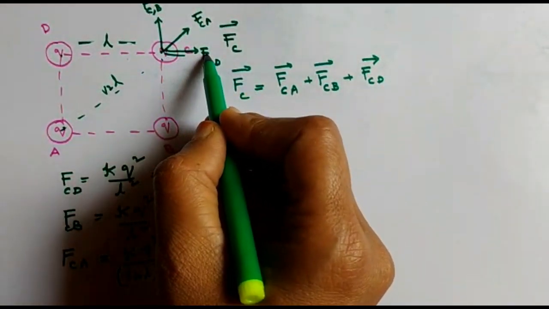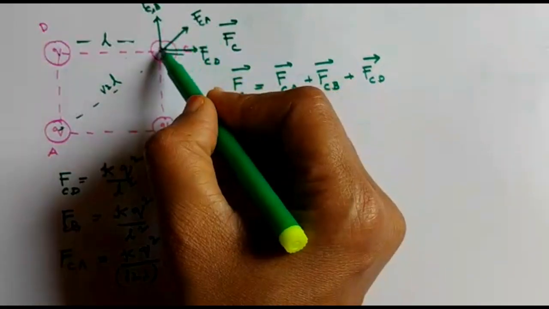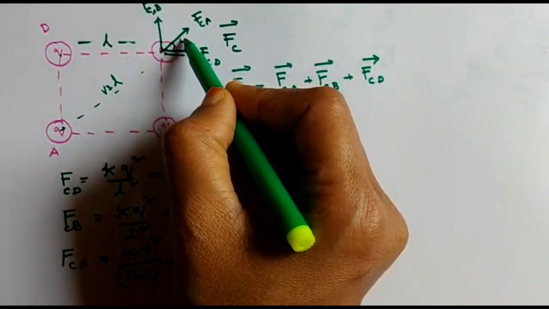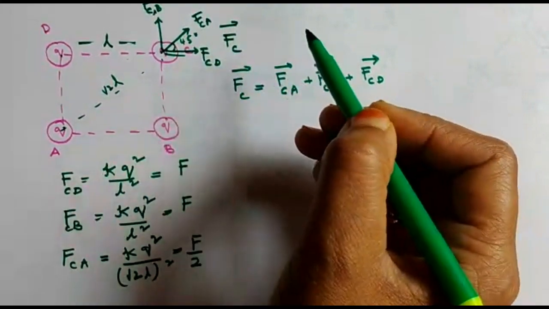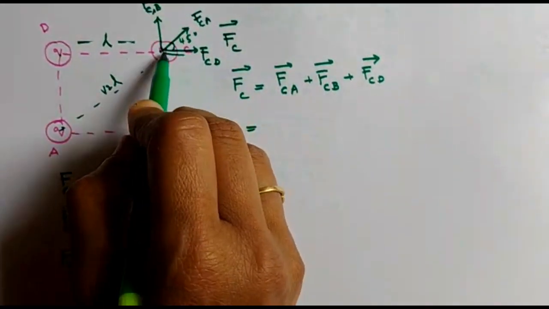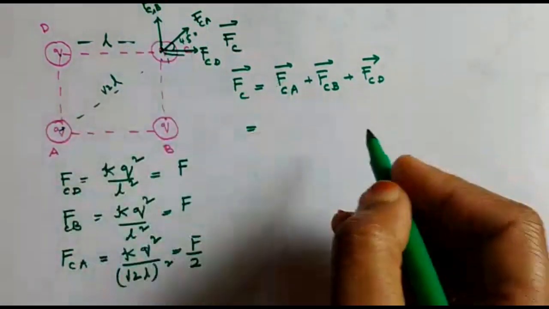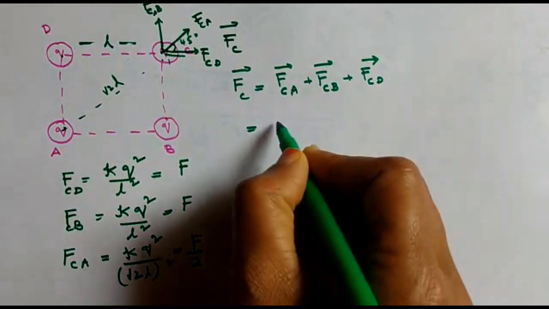See, CD is acting along I cap, CB is acting along J cap. This is acting along the diagonal, which is at an angle of 45 degrees. So if I resolve CA into components, we will get cos 45 along horizontal and sin 45 along vertical. Magnitude is F by 2.